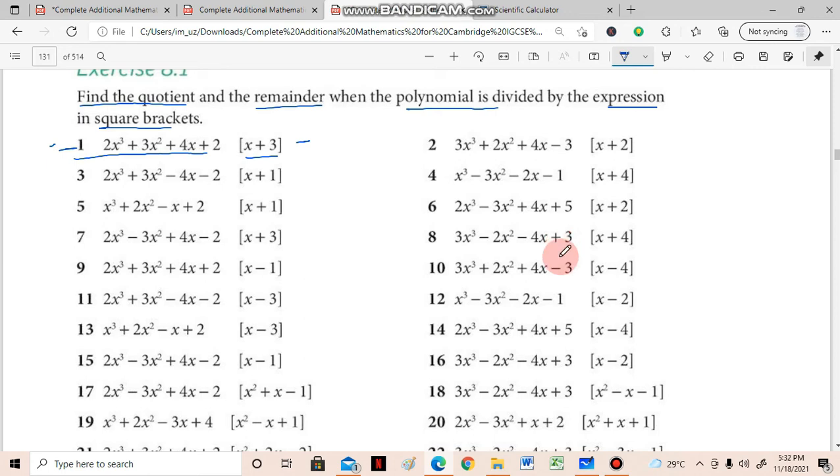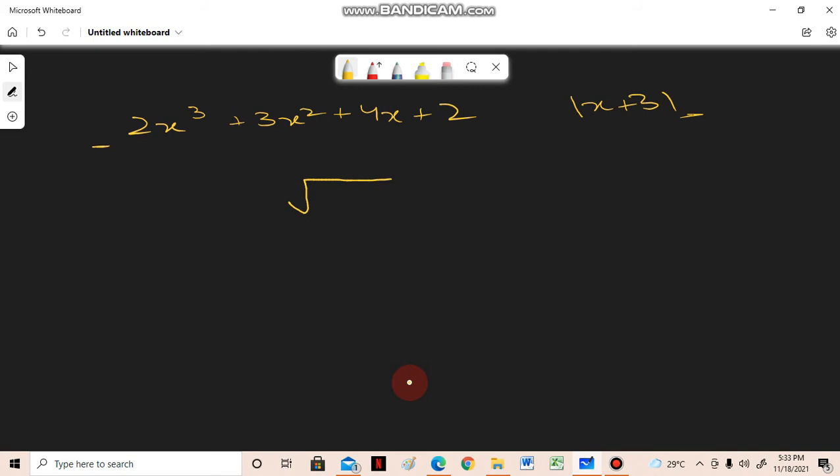So let's try to solve this. Now we will make the division bracket, and we will place 2x cubed plus 3x squared plus 4x plus 2 inside, and x plus 3 outside.